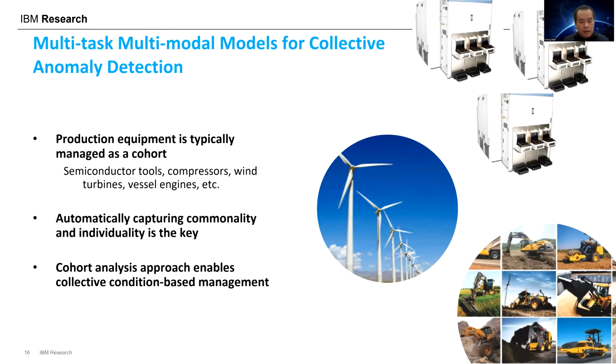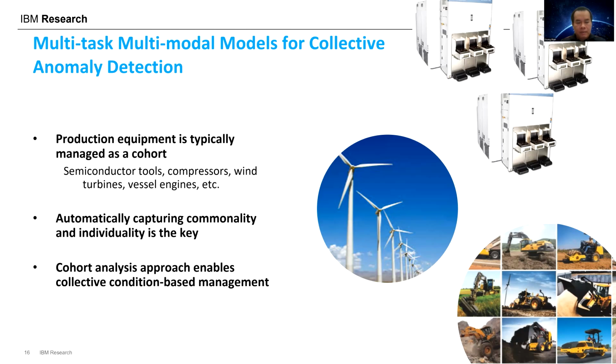Now, let me move on to the third method to learn the model for abnormal detection. In this case, we consider a multitask, multi-model model for collective abnormal detection. We know that production equipment is typically managed as a cohort.